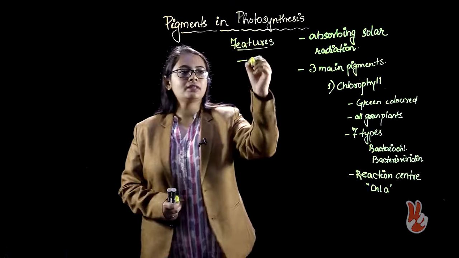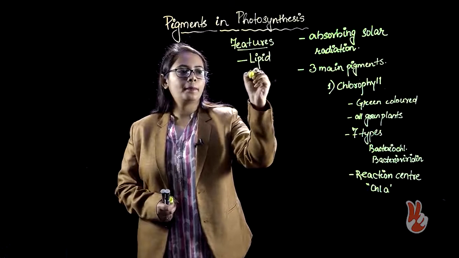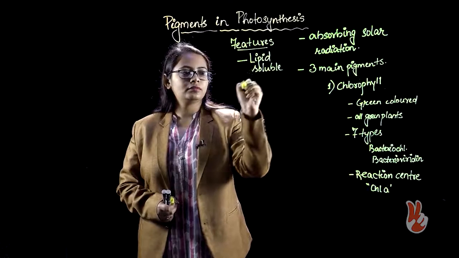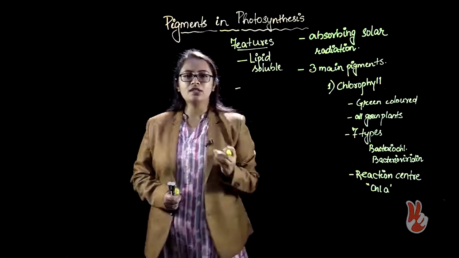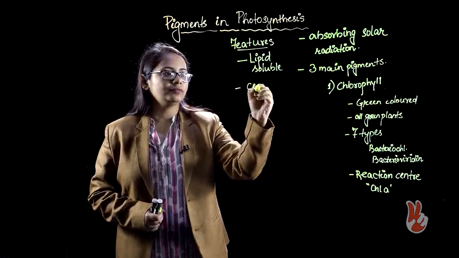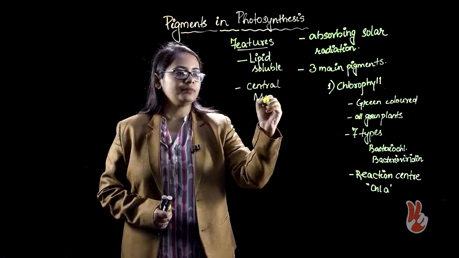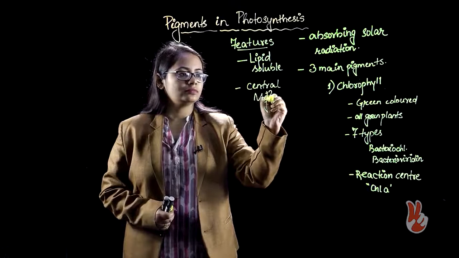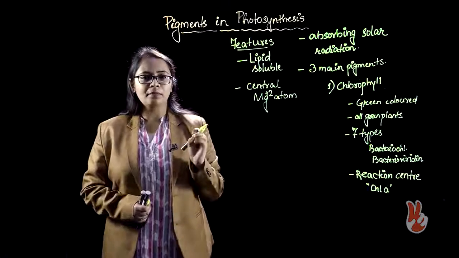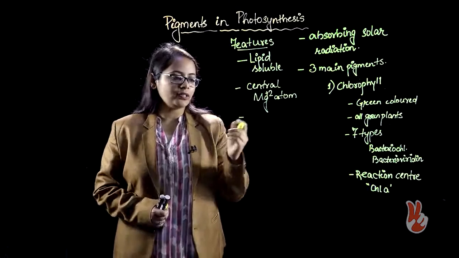Chlorophyll pigment is lipid soluble. If we look into the structure of a chlorophyll, it contains a central magnesium atom. This is very important from the question point of view because these questions are quite common.